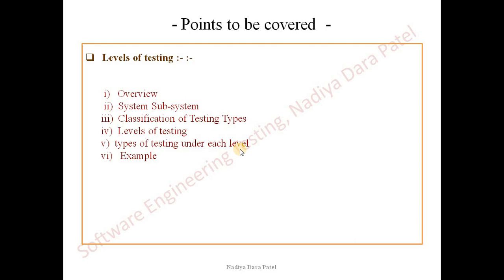So testing is actually performed in phases, or you can say levels. Once you complete those levels, or if you are under one level, you perform a type of testing under that. So first thing which you should study is what are different levels of testing, and then you should head on towards understanding what are different types of testing.